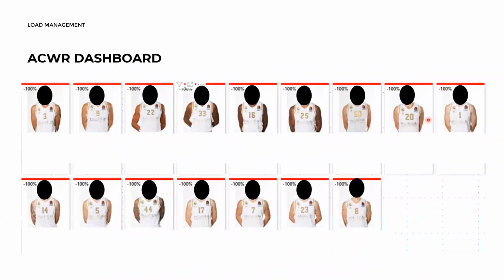Here we can see the acute chronic ratio dashboard. It's a hot topic now, but we still use it. We use uncoupled and exponentially weighted moving average, and in an easy way, we are able to understand the acute chronic load.